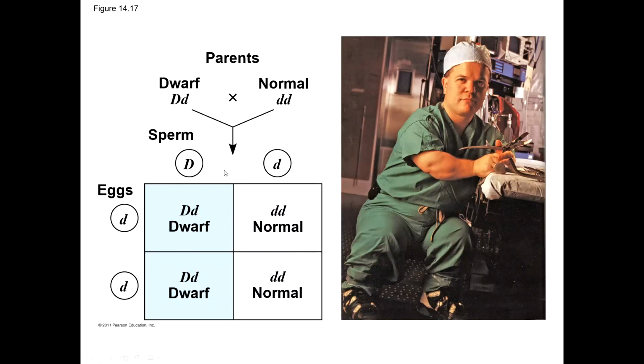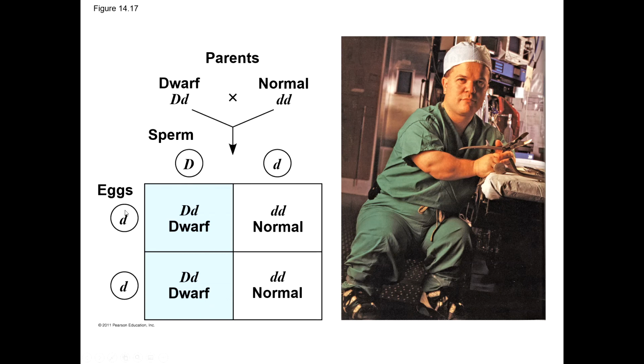So again, in this case, I just did this on the board, but remember, keep in mind that the dominant allele is the faulty allele here. And so here you have a perfectly normal person with a dwarf parent. And here's the thing about this, these parents, in this case, they know they have it.